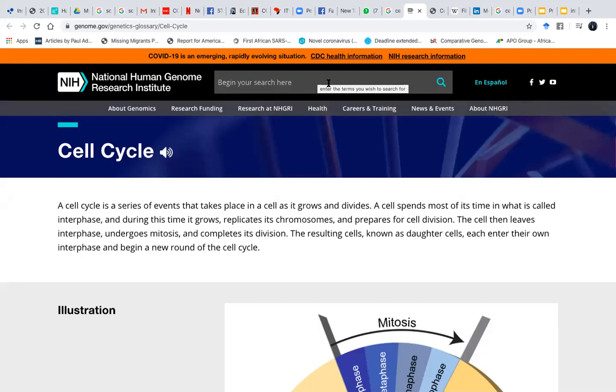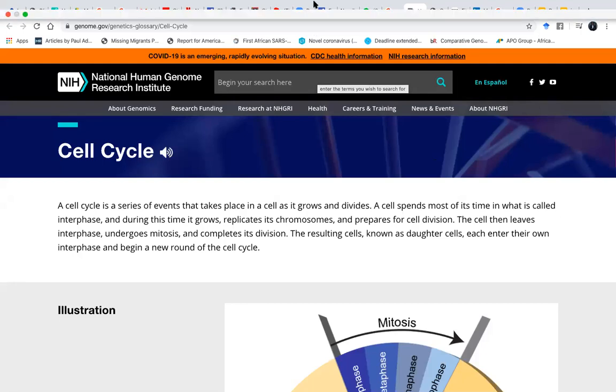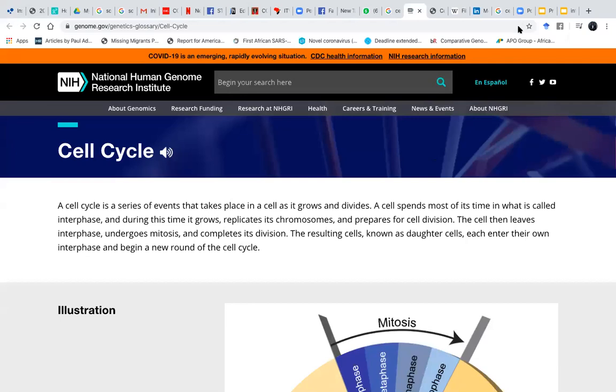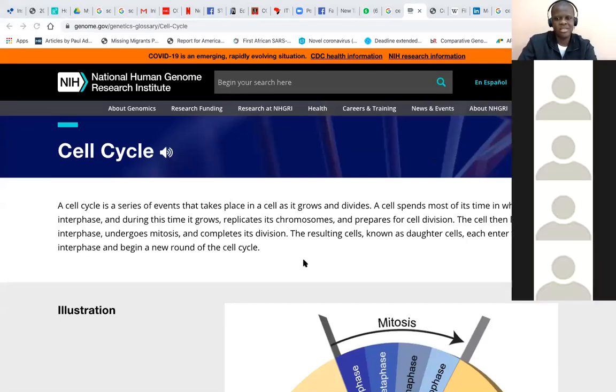At the completion of a particular cell cycle, what we are expected to see is the full daughter cells. But mitosis alone is not responsible for the emergence of the daughter cells. That's something I'd like you guys to take note of.